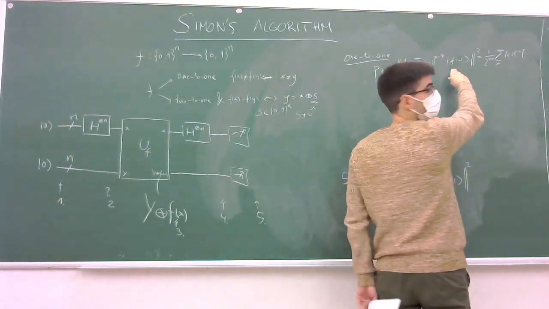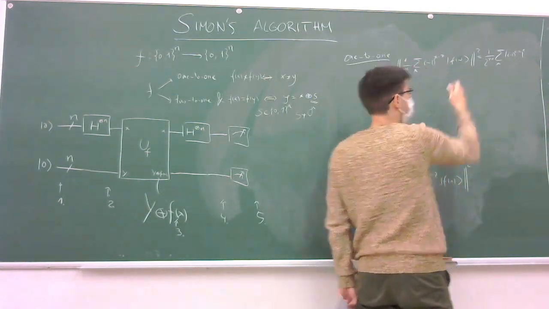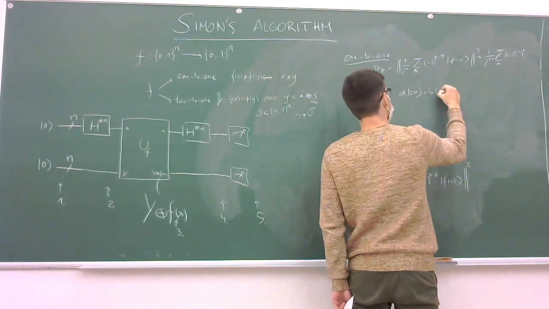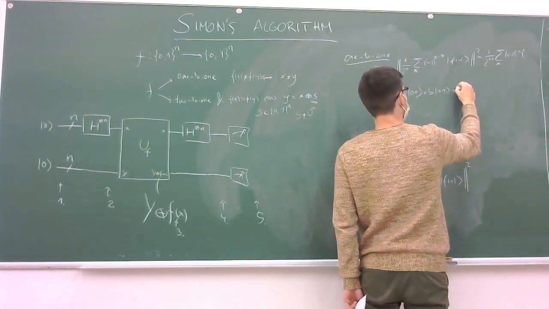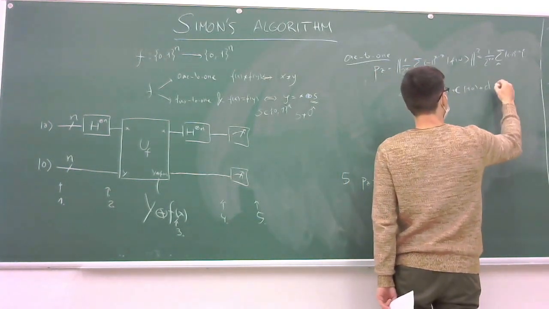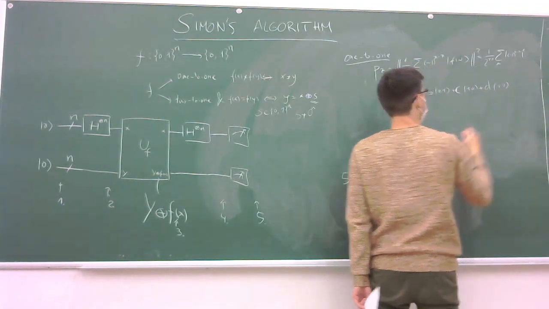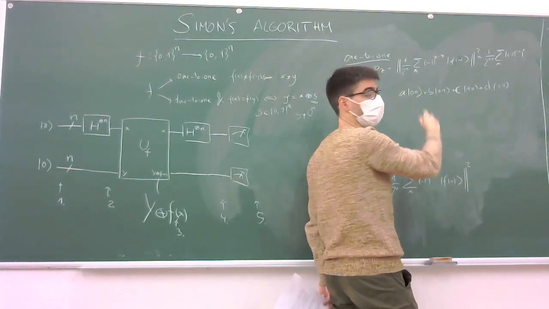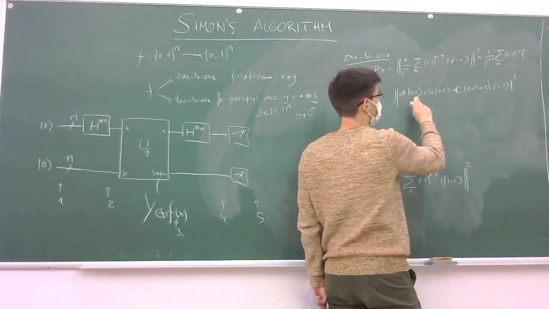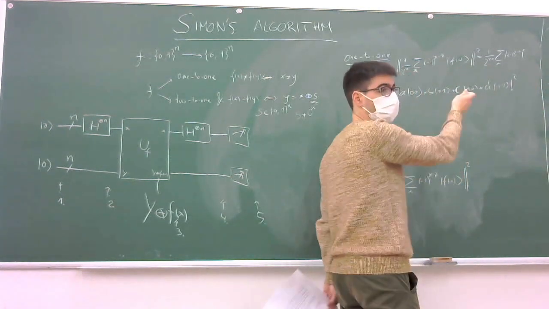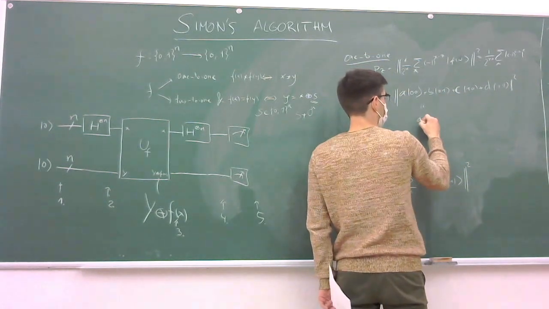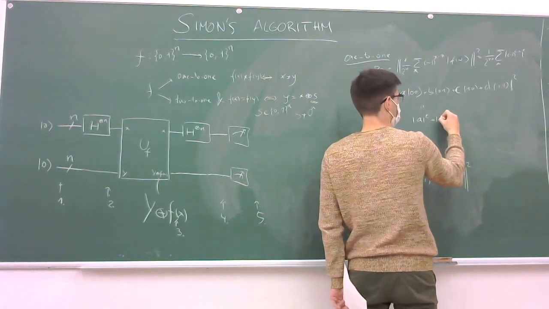Because if you want the norm of this vector, as each of these vectors is different and they form an orthonormal basis, this is only the sum of the amplitudes.